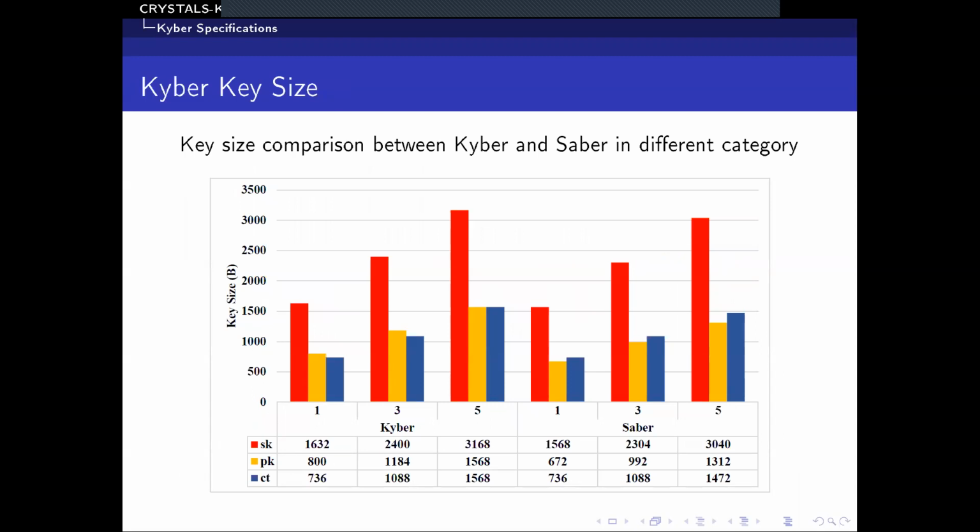Here we have a comparison between Kyber and Saber in different security levels. As you see, Saber has a smaller key size compared to Kyber. For example, for security level 1, we have 1632 bytes for the Kyber secret key and 800 bytes for the public key. And Saber has a smaller key size.